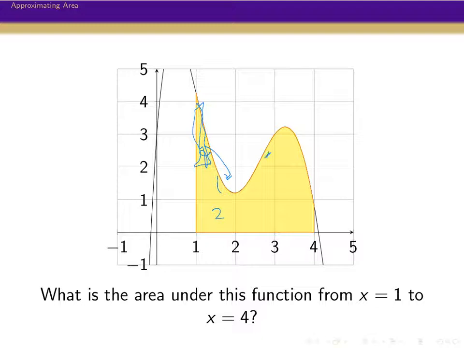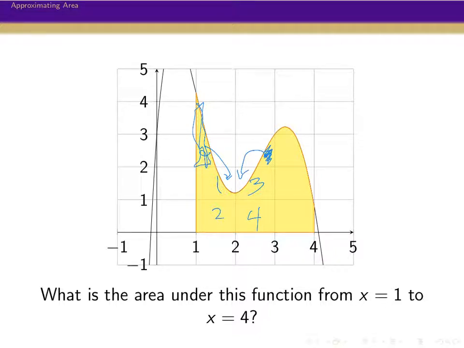Same thing, that little bit of area right there, I can imagine that's roughly the same area as that bit missing in that square there. So I can estimate the area with those two squares. And so that would give me 3 and 4. For this last one, it's a little bit hard to count these.